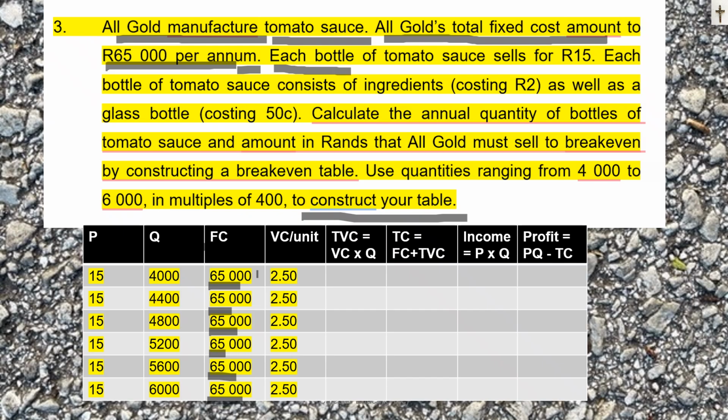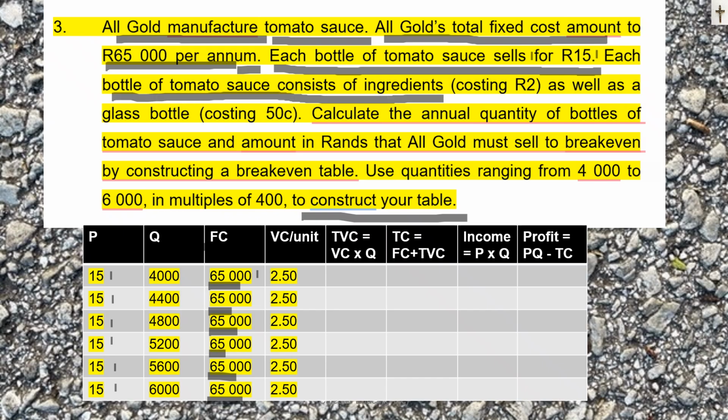Each bottle of tomato sauce sells for 15 Rand. There's another given. So the price, each bottle sells for 15 Rand. It doesn't matter what quantity is produced or sold. Each bottle of tomato sauce also consists of ingredients, 2 Rand, as well as a glass bottle costing 50 cents.